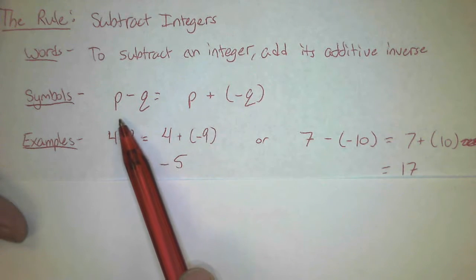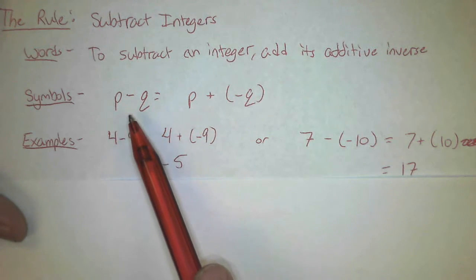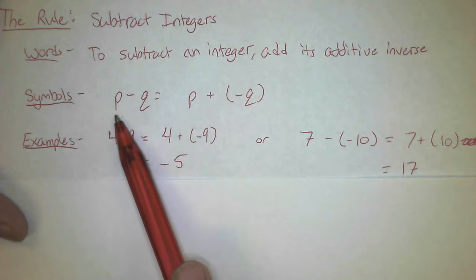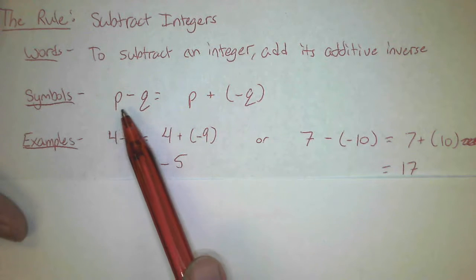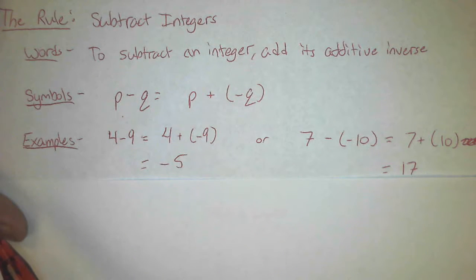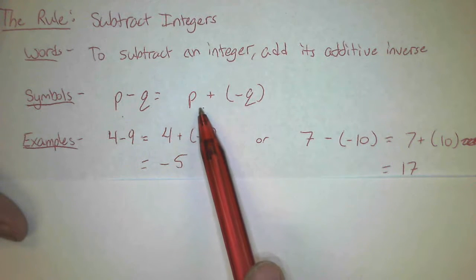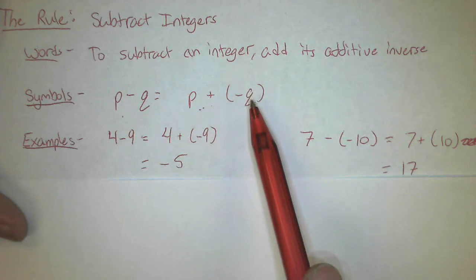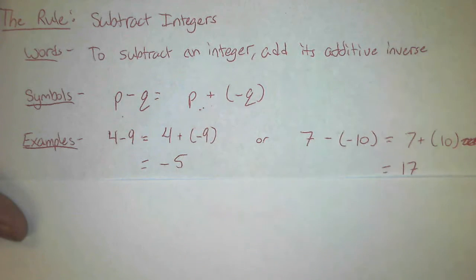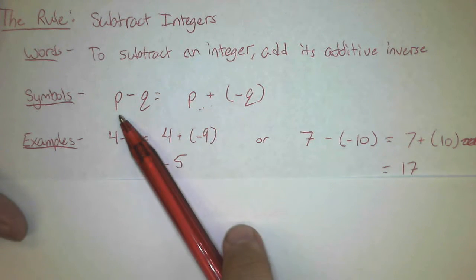So this can be shown in symbols before we get to the actual numbers, and we have p minus a positive q. So this is saying that we have a positive number p minus a positive number q. And we can rewrite that as a positive number p adding a negative number q. So notice that we kept the original value of p.